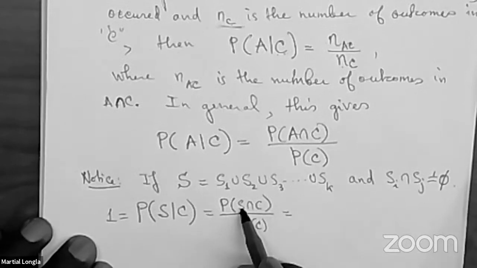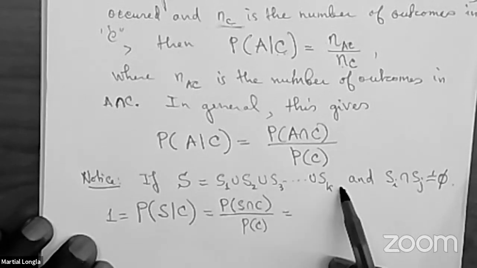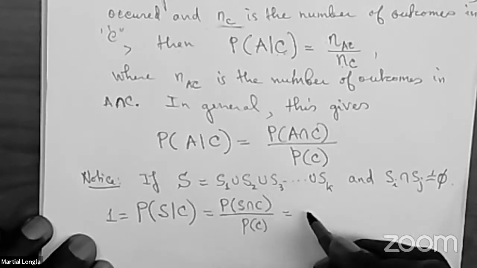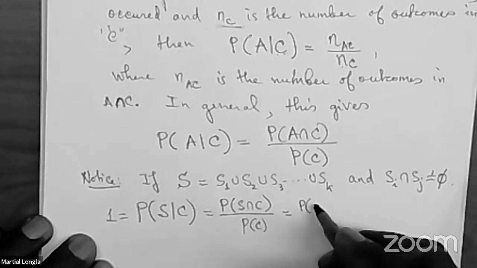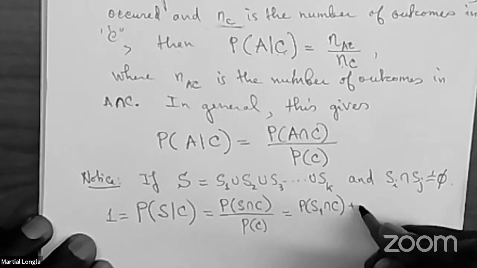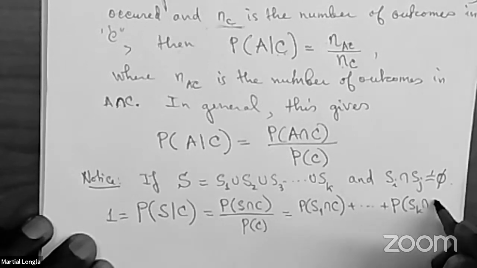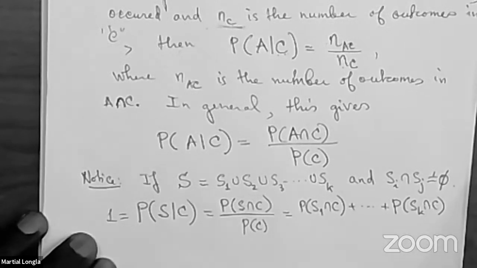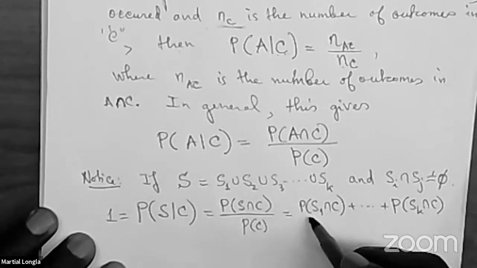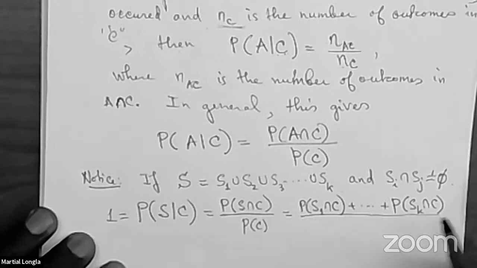And because S is a union of disjoint sets, this is going to be probability of S1 and C plus all the way to SK and C, right? Because the sets are disjoint. That's the same property we used last time to prove all the theorems that we had. Because these sets are disjoint, that top can be written like this.